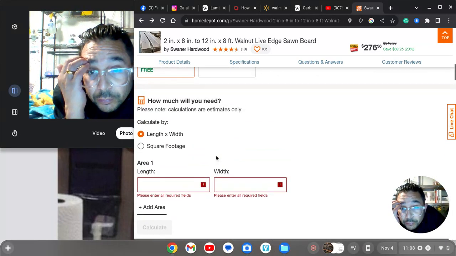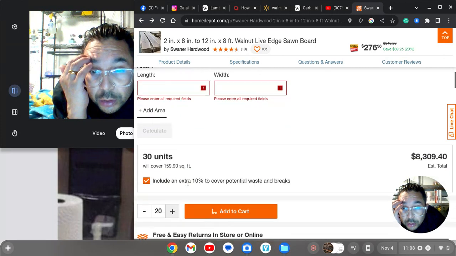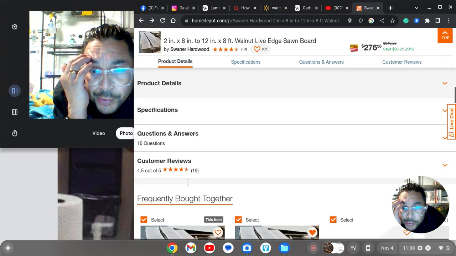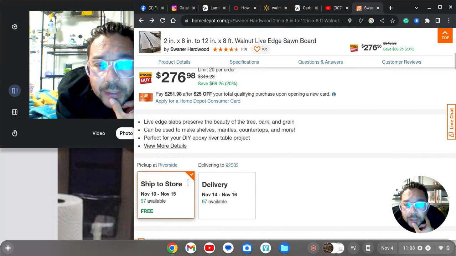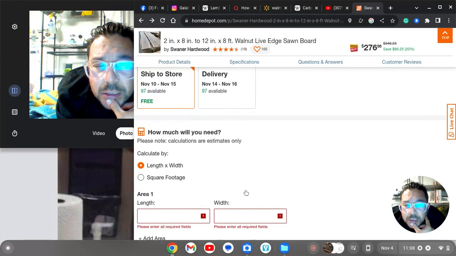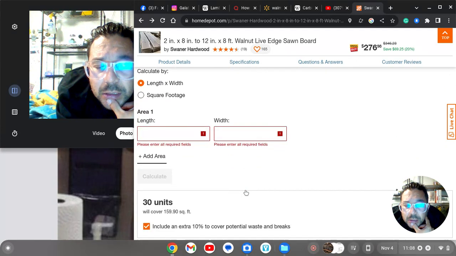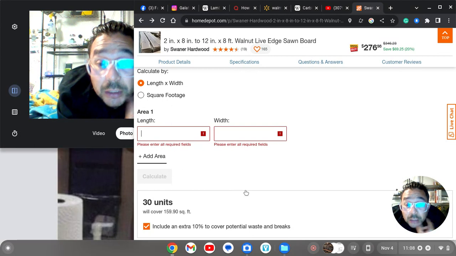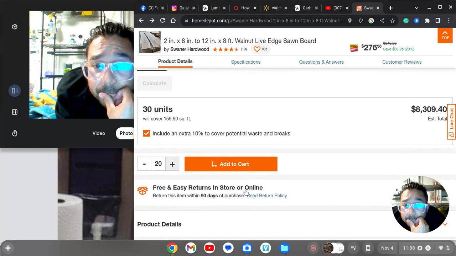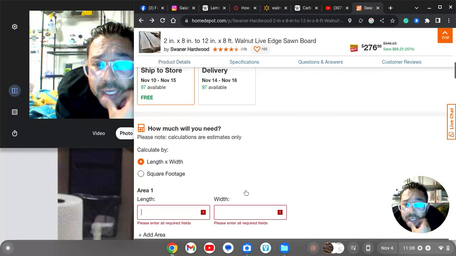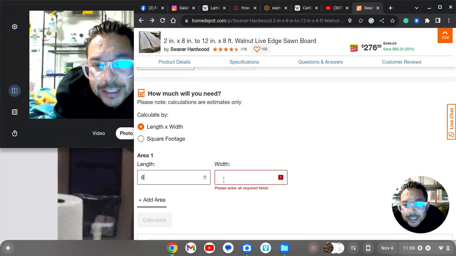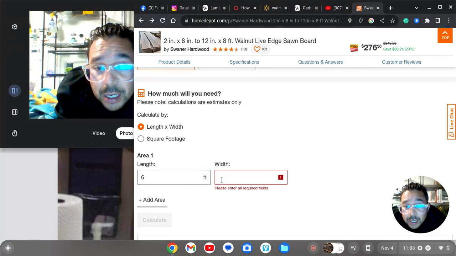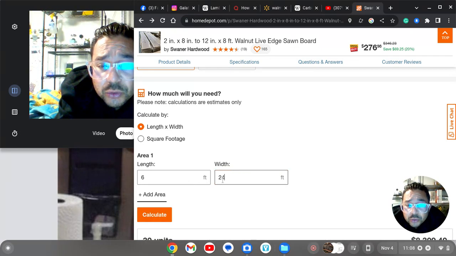I think, okay, hmm, maybe I wasn't looking at this correctly, because I typed in the length, which I wrote 6 feet, and then I specified the width as 24.